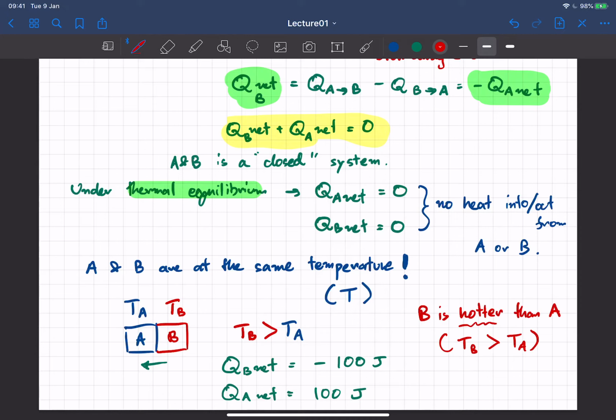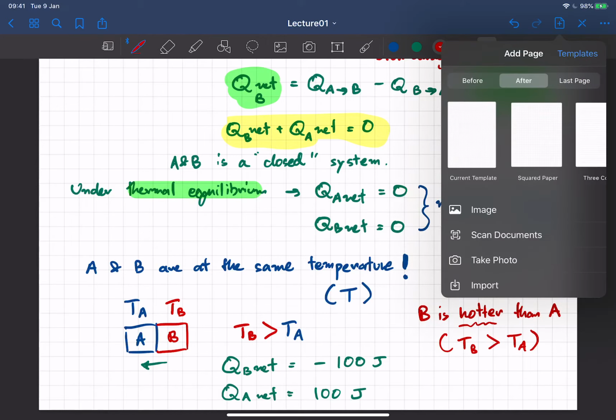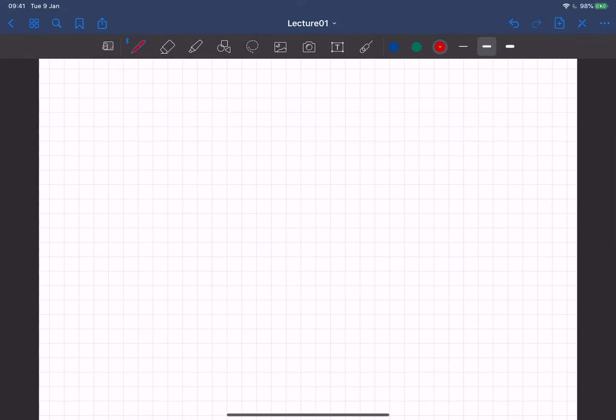Okay, and so how do we measure temperature then? Well, you need to have some property of the material that responds to what we call temperature. And one easy thing to use is the expansion property of a material. So one easy thing is to take gas.